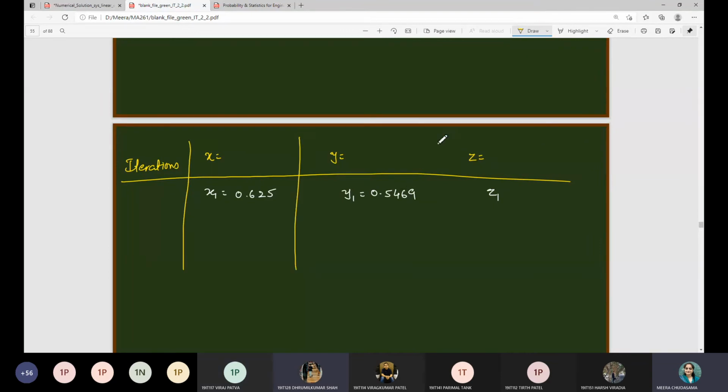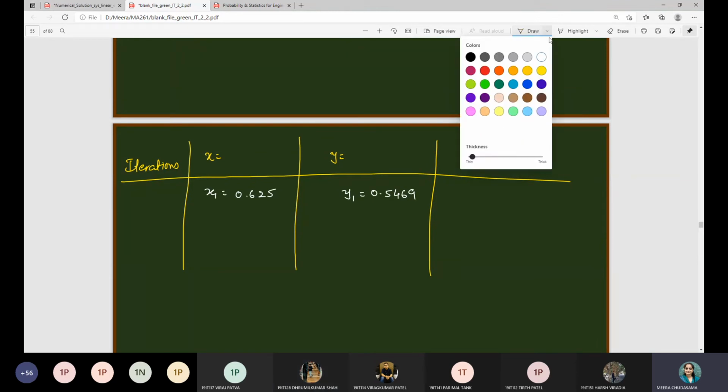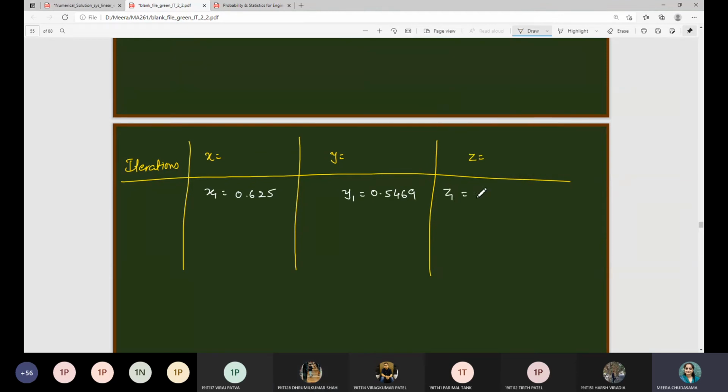Z1 is 0.4785. Just a minute. Z1 is 0.4785. Yes.